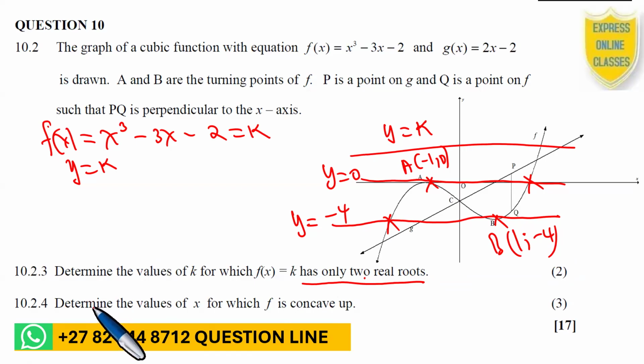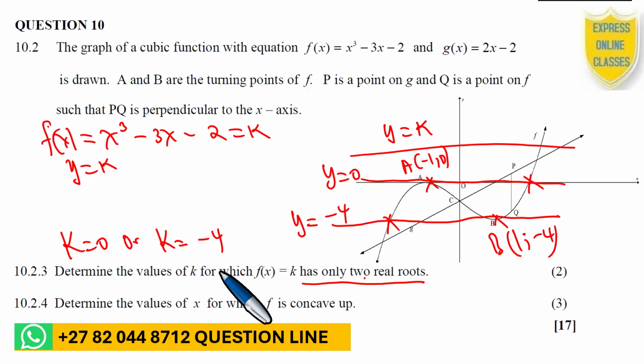So determine the values of k for which this has only 2 real roots. Right, which means k is 0 or k is -4.